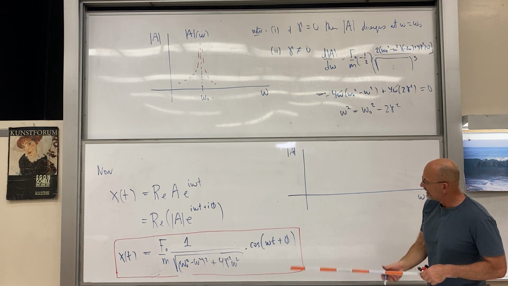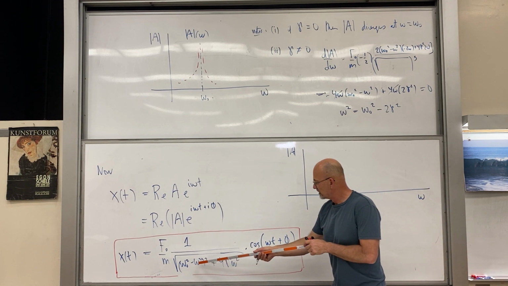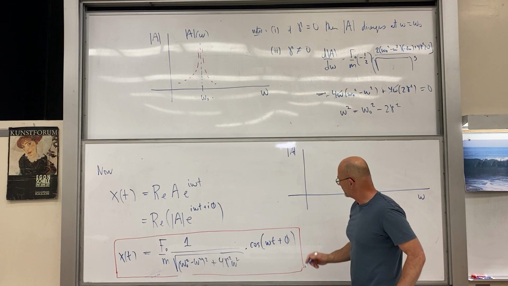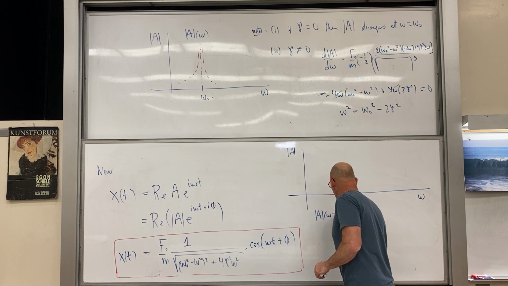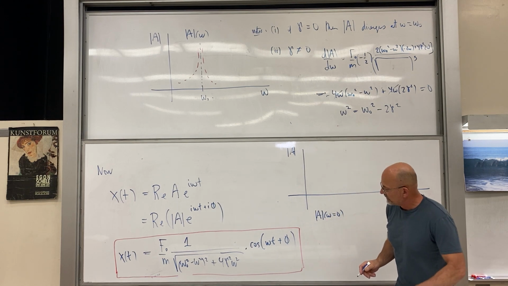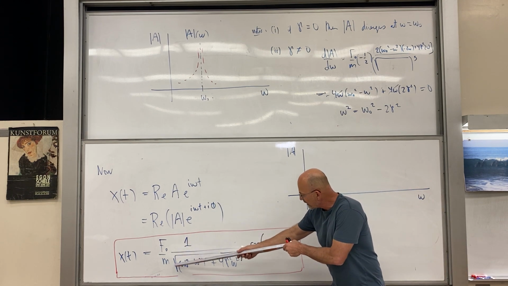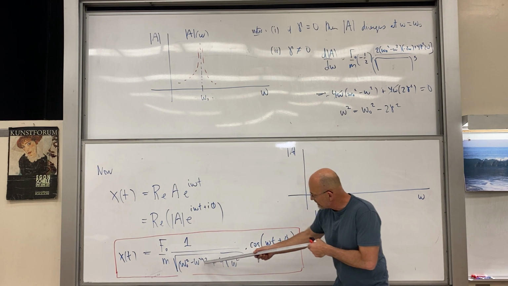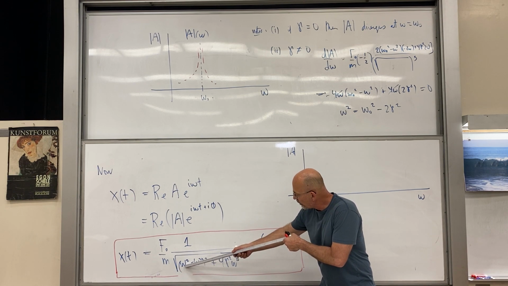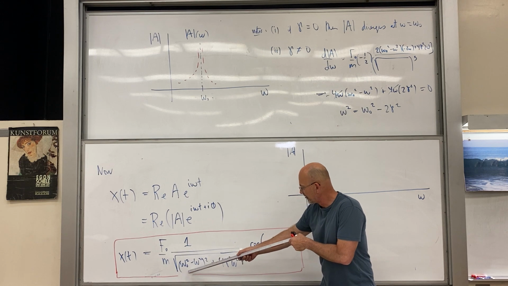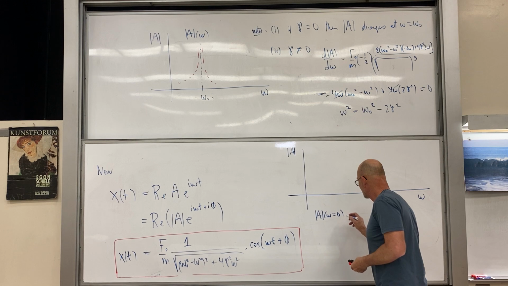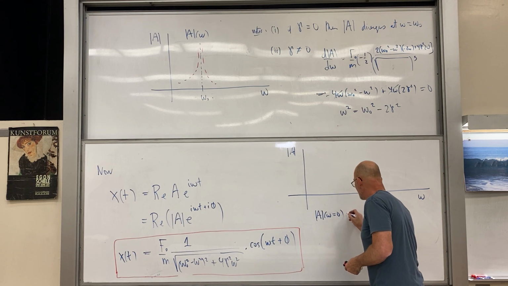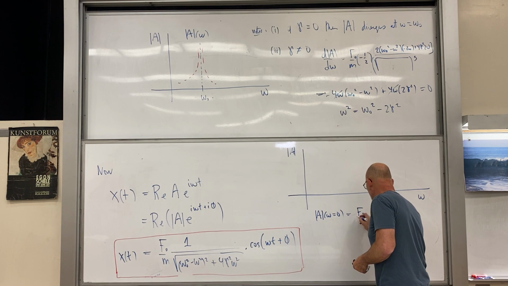When omega is equal to 0, we actually have A of omega equals 0. This actually has some significance. F naught over m, this is 0, this is 0, m omega naught squared. Because we've got square, okay, so is equal to F naught over m omega naught squared.